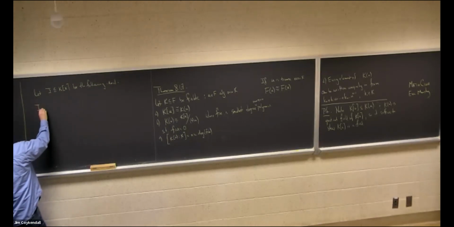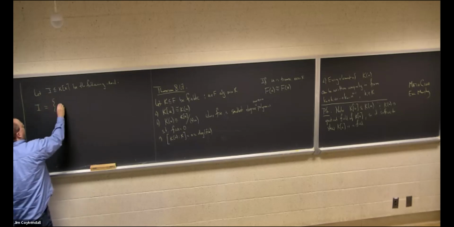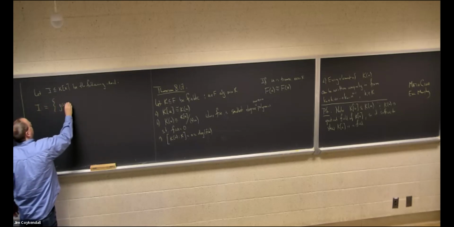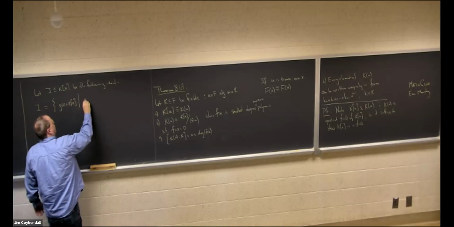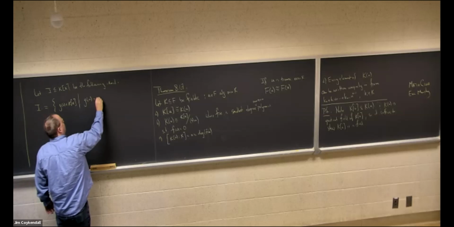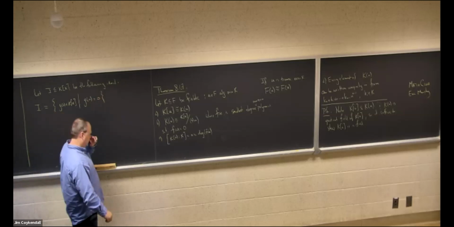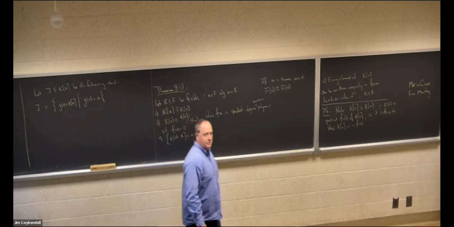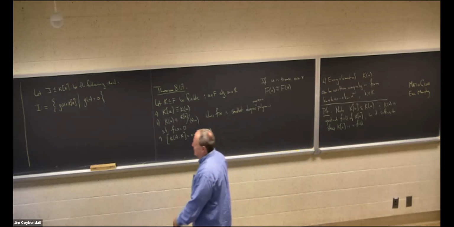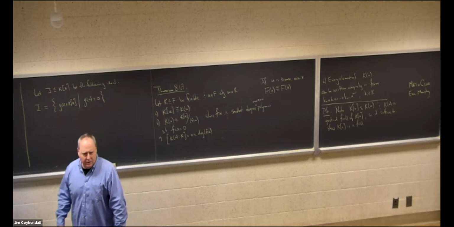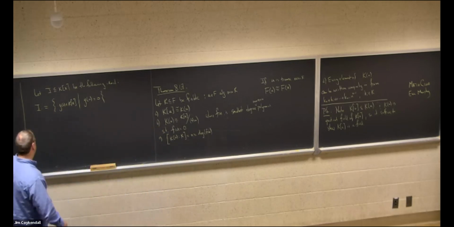I is the set of g(X) in K[X] such that g(U) is equal to 0. Is it clear to you all that this is in fact an ideal?